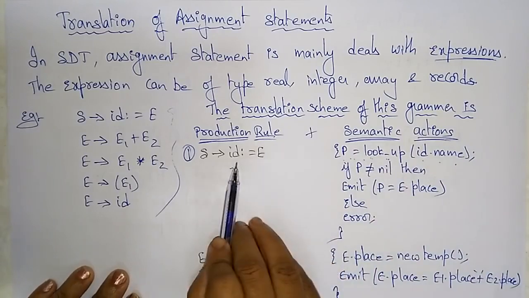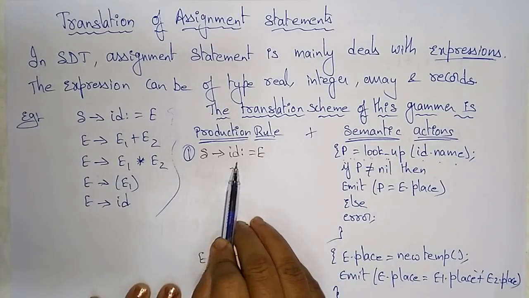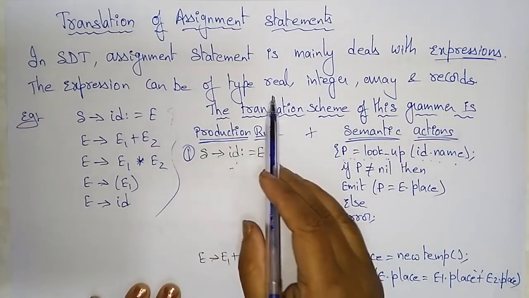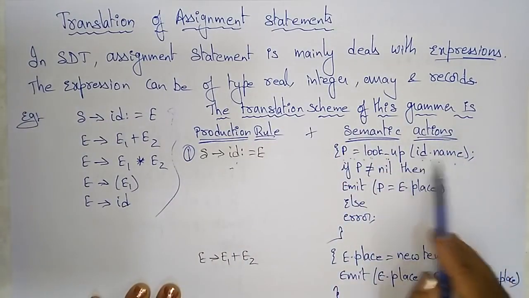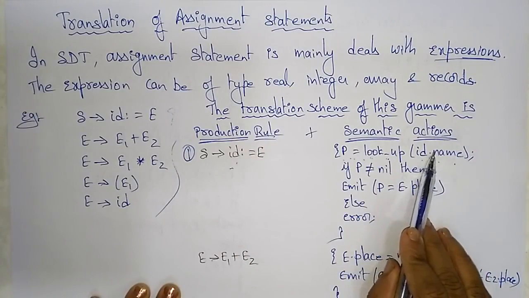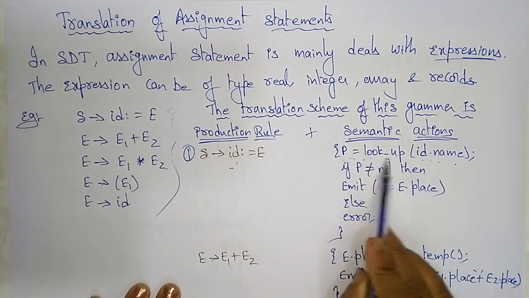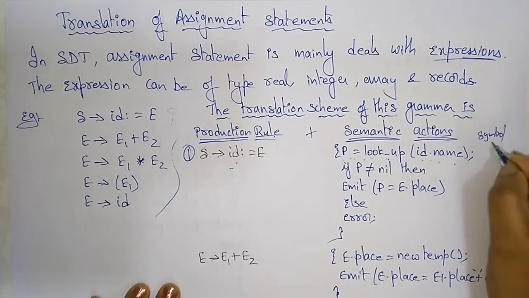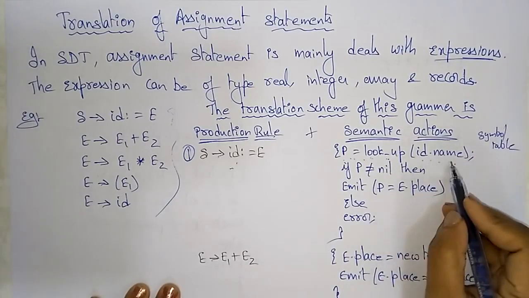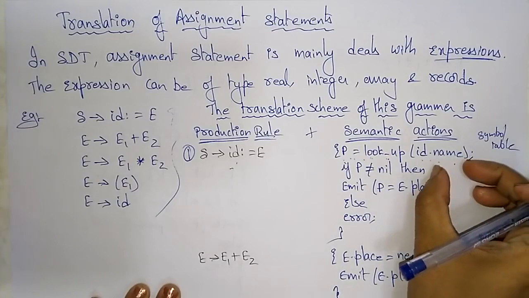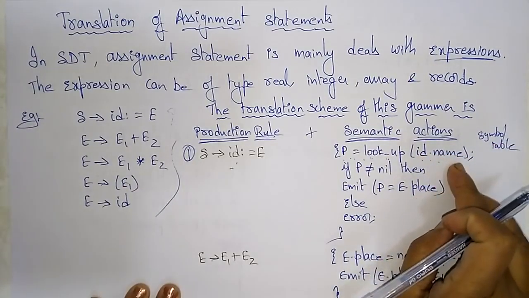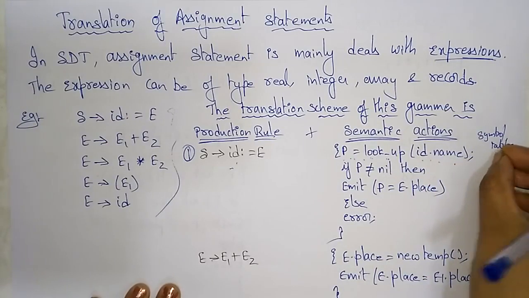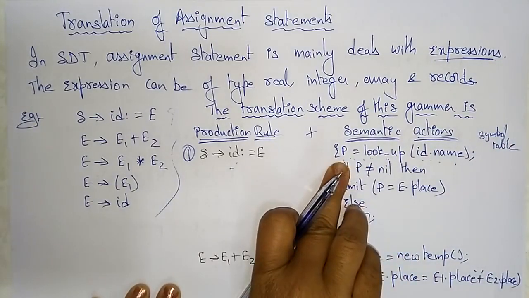Here id is an identifier, and id dot name is some value, maybe real or integer, whatever it may be. That value will be assigned to P. Lookup means you have to check the symbol table. If id dot name is present in the symbol table, that symbol table value is assigned to P.